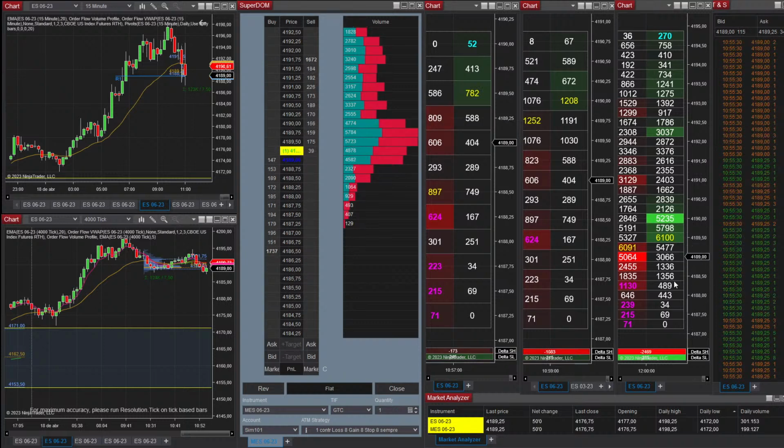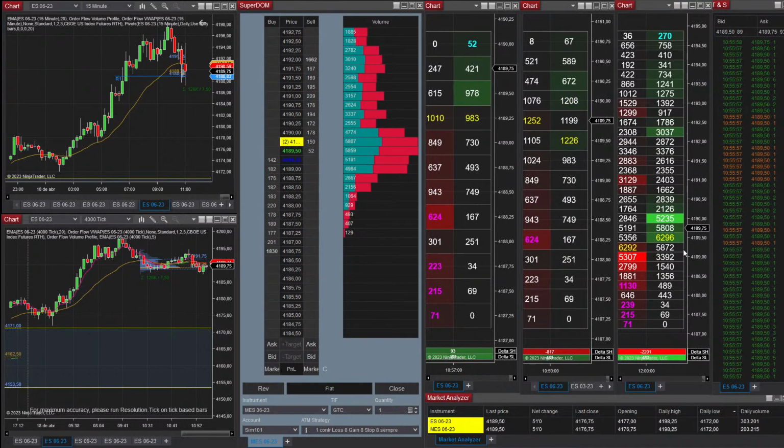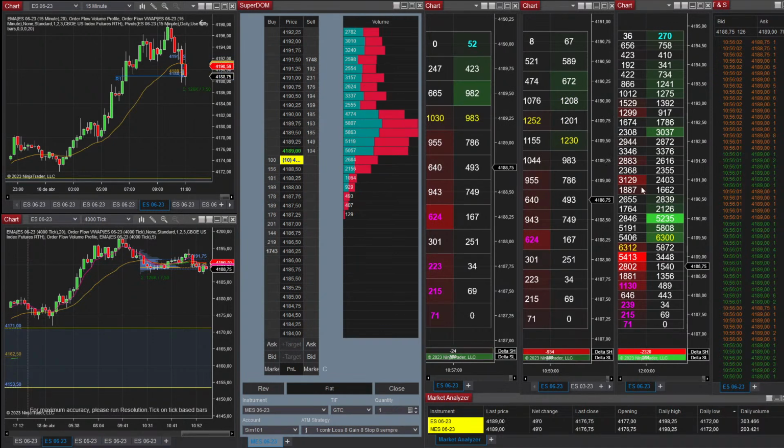Failing to overcome this region, it's hard to trust because we are ranging, we are not trending. But anyway, this is an important region. So failing here could maybe lead to a correction.